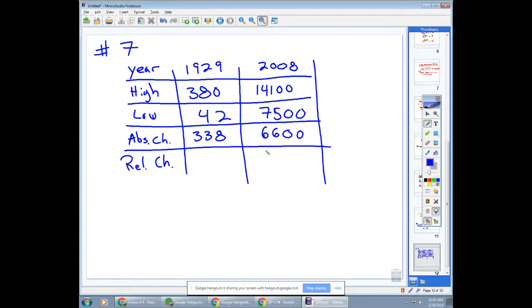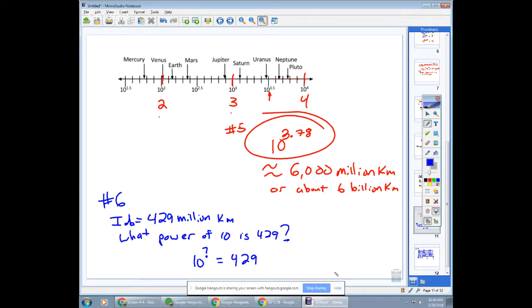We want to know what power of 10 is 429. Anybody help out Emily here? How do we solve that problem? 10 to what power is 429?